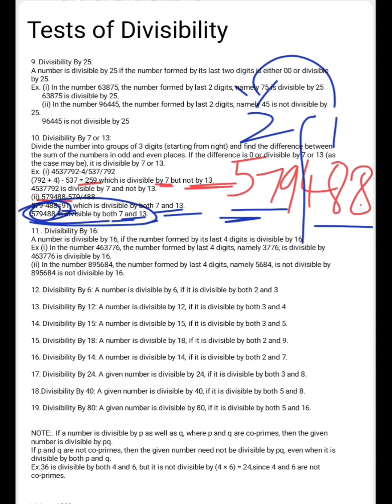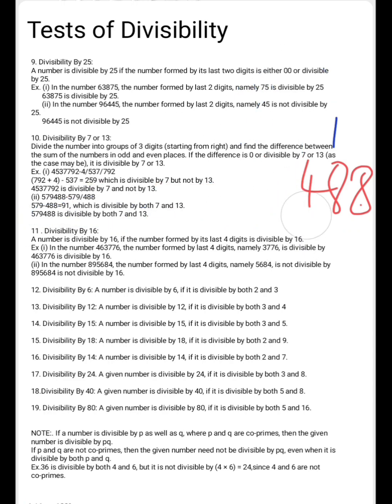Okay, we'll go for the next one, that is the divisibility of 16. The divisibility rule of 16: if a given number should be divisible by 16, then the last 4 digits of the given number should be divisible by 16.